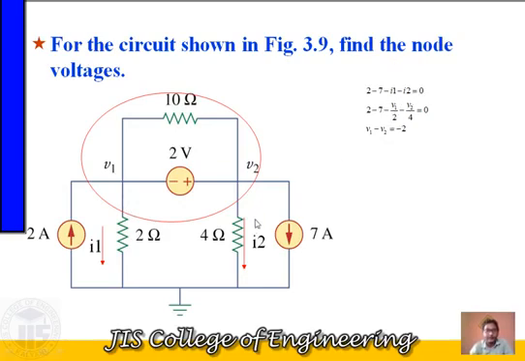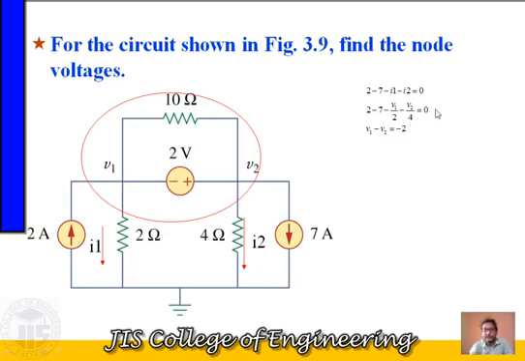Similarly, I2 originates from the V2 voltage point and goes to the 0 voltage point, so in place of I2 we can write (V2 minus 0) divided by the resistance of this path, that is 4. So I2 equals (V2 minus 0) by 4. That's written over here.